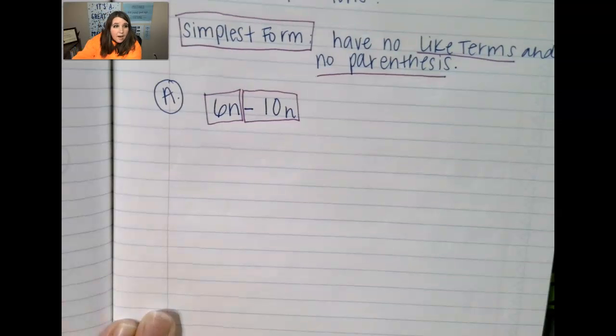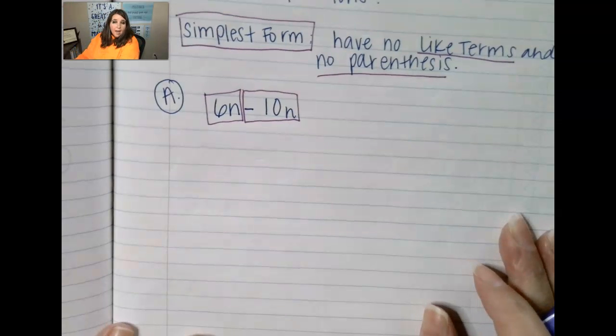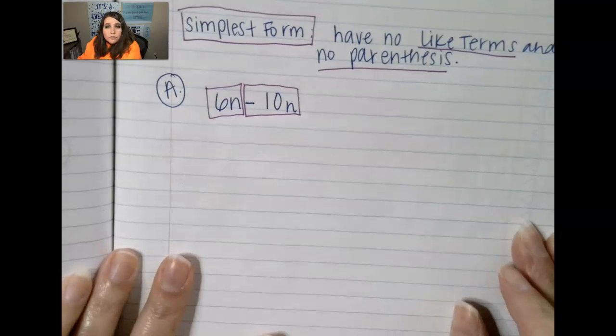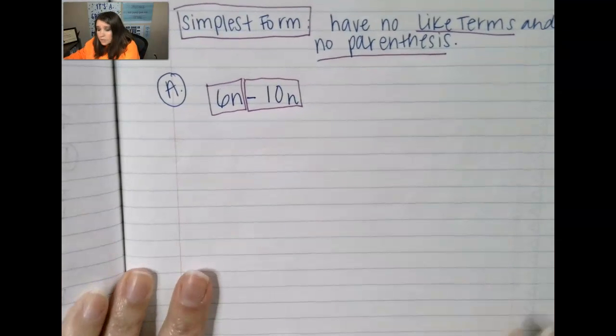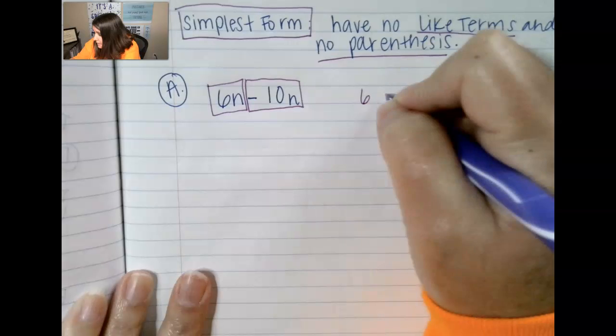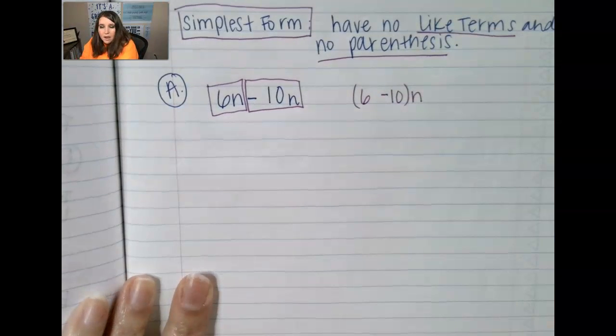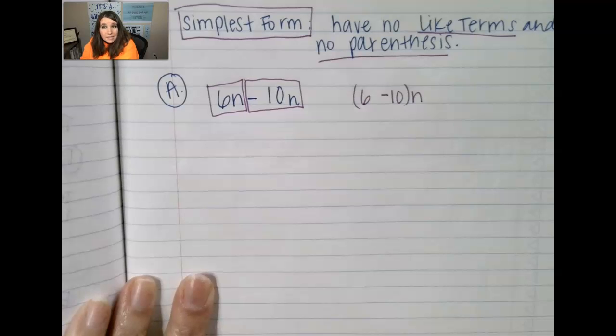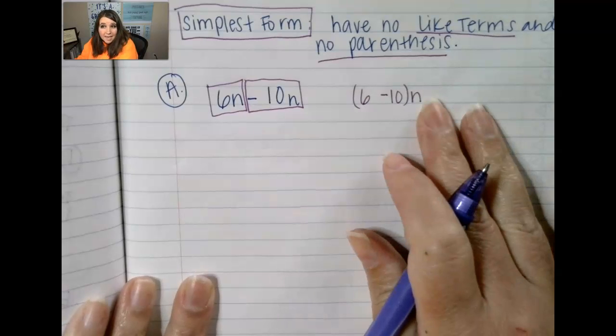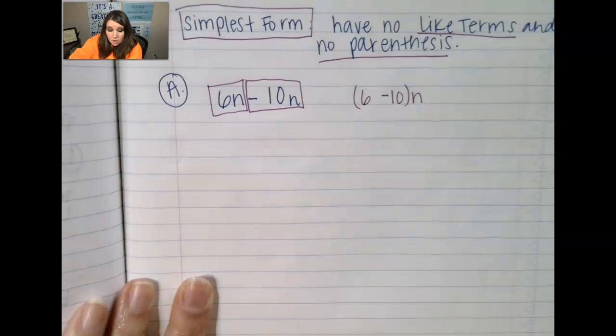We can do that by looking at the reverse distributive property. So if I did 6 minus 10 and then put the n on the end, I would just be combining the 6 and 10. We don't know what the n is, so we're not going to solve that.